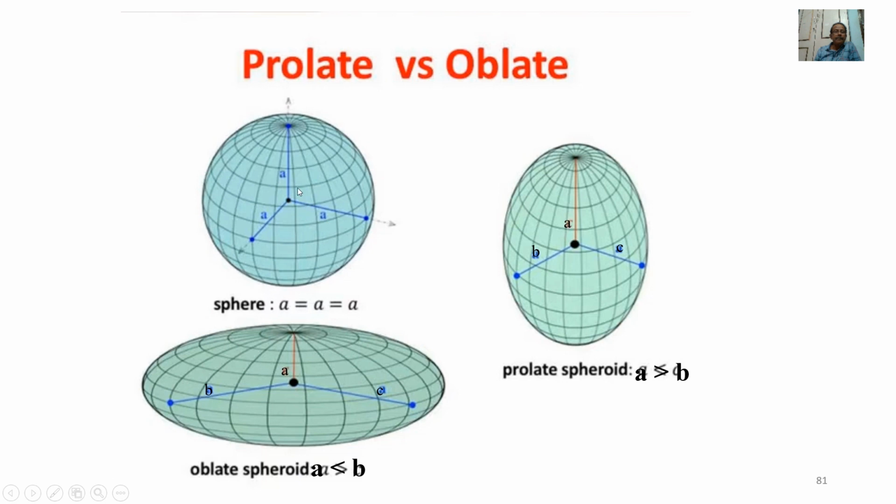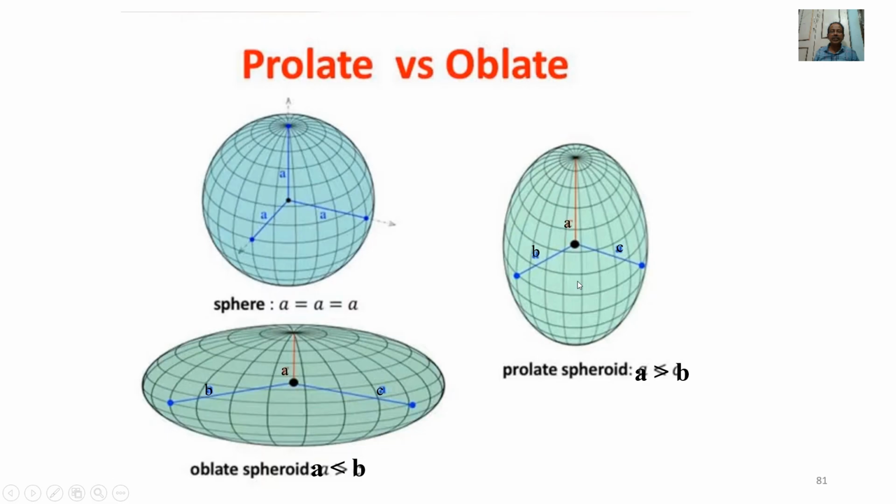Whereas in prolate symmetry, we have I_A along A greater than that of I_B and I_C, but I_B and I_C are equal. So I_A is greater than I_B, which is equal to I_C. Since it is greater, the shape is nothing but a prolate shape. It's like a rugby ball.